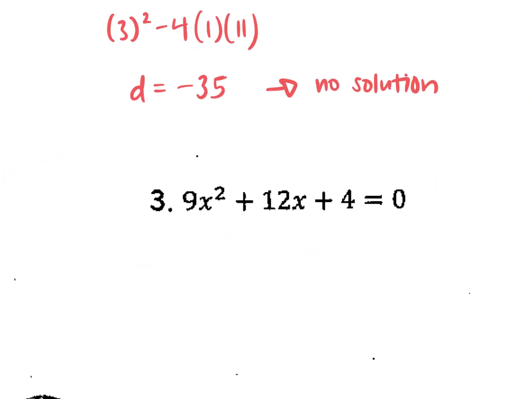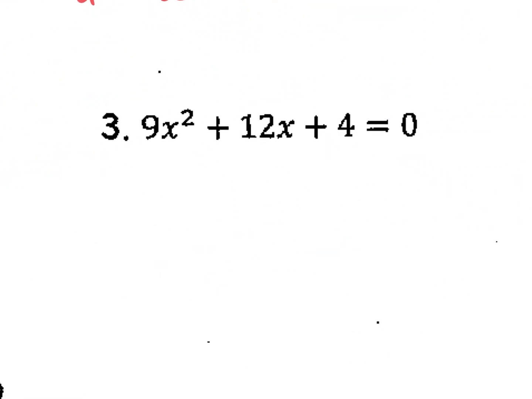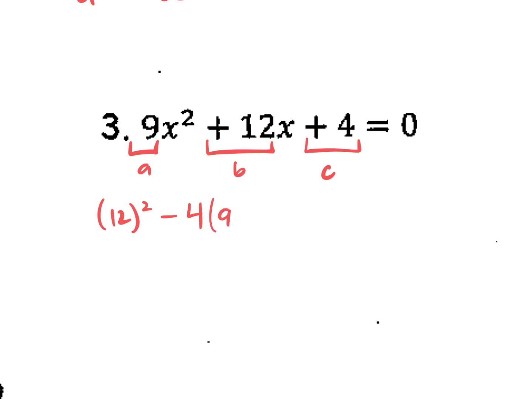Moving on, number 3. Number 3, my a value is 9, b value is 12, c value is 4. If I plug this in to the calculator, I'm doing b squared minus 4, a is 9, and c is 4.